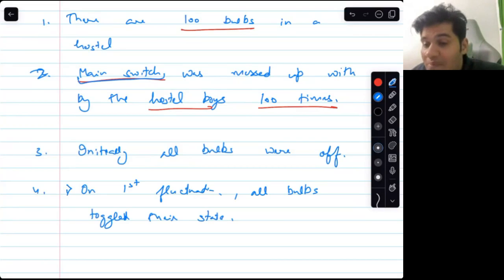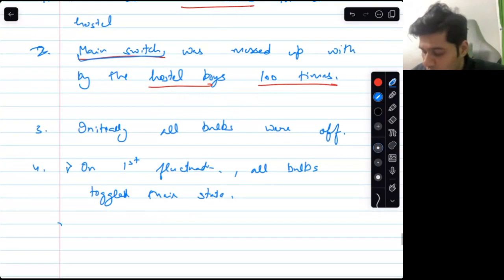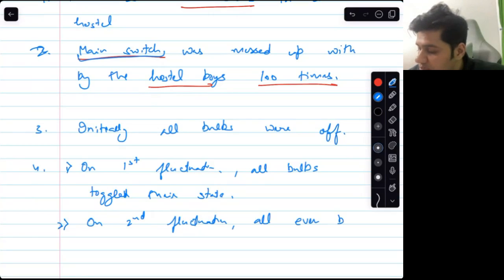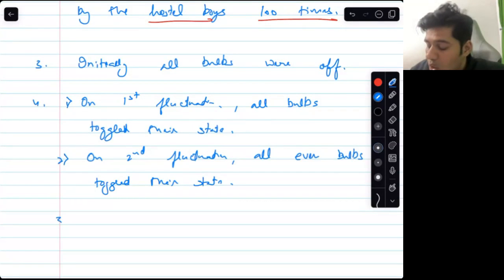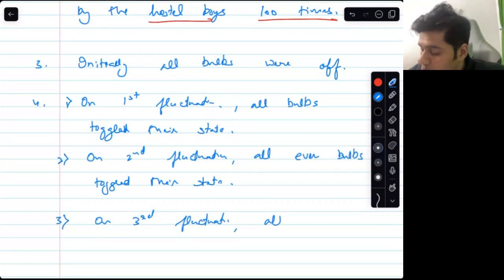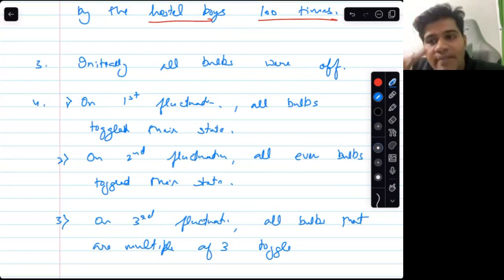On second fluctuation, all even bulbs toggled their state. On third fluctuation, all bulbs that are multiples of 3 toggled their state. Toggled means what? If they are on, they become off. If they are off, they become on. Toggled their state.